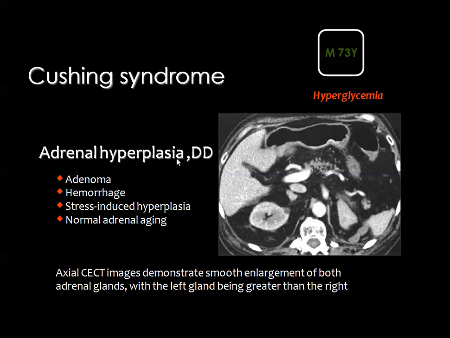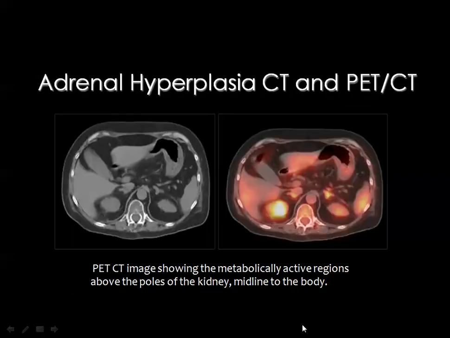Adrenal hyperplasia is usually bilateral. If it is unilateral, you can see differential diagnosis like adrenal adenoma, for example, adrenal hemorrhage, and the normal aging process as well if the lesions are on both sides.